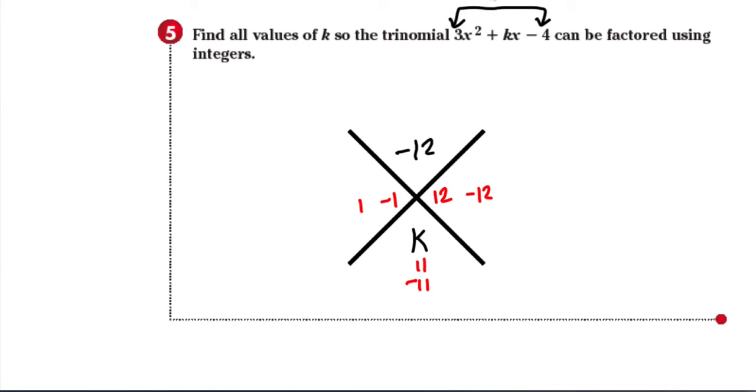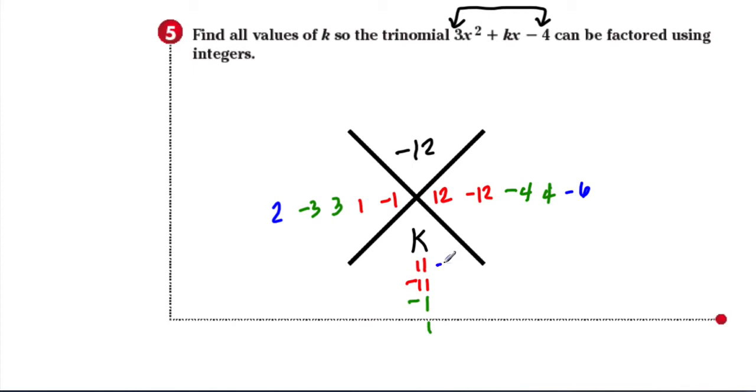Two more factors that will give you negative 12 would be 3 and negative 4. And the sum of 3 and negative 4 will be negative 1. You can also do negative 3 and 4. The sum now would be positive 1. Another one would be 2 and negative 6. Possible sum would be negative 4.